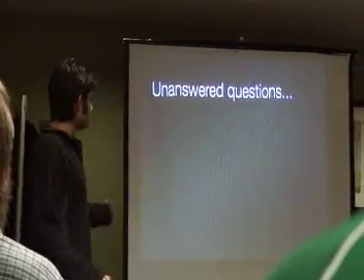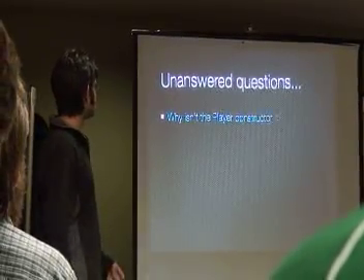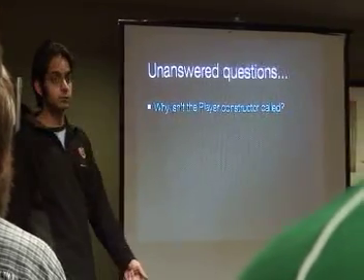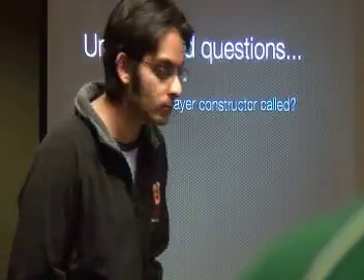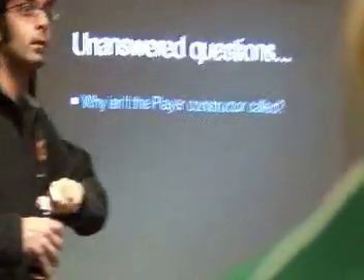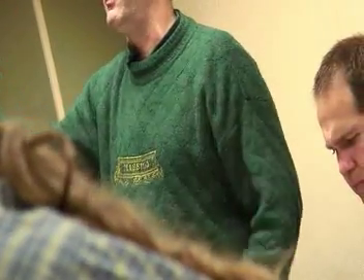So, as I hinted at earlier, there are some unanswered questions about this whole process. For instance, why isn't the player constructor called? Well, what we understand is you create an object and you assign a value to the property of the object. Then when it was unpickled, it already had the value.